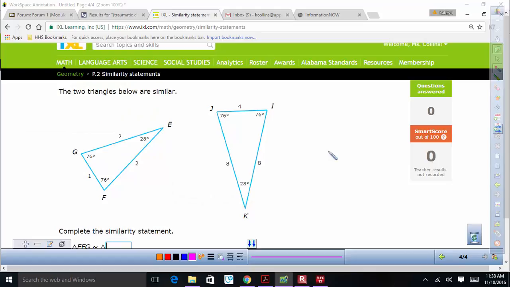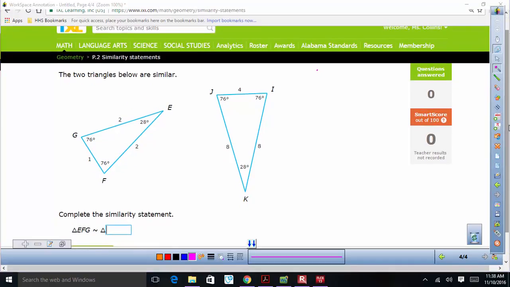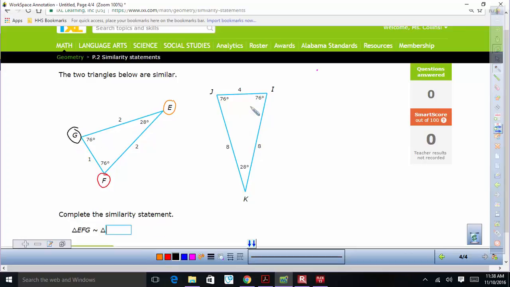Okay, so I wanted to show you how to do the IXL because sometimes it can be kind of confusing. So looking at this first one on P1, we're writing the similarity statement. This one has us start at E, go to F, and then to G. Now, if you see, this is the same shape.